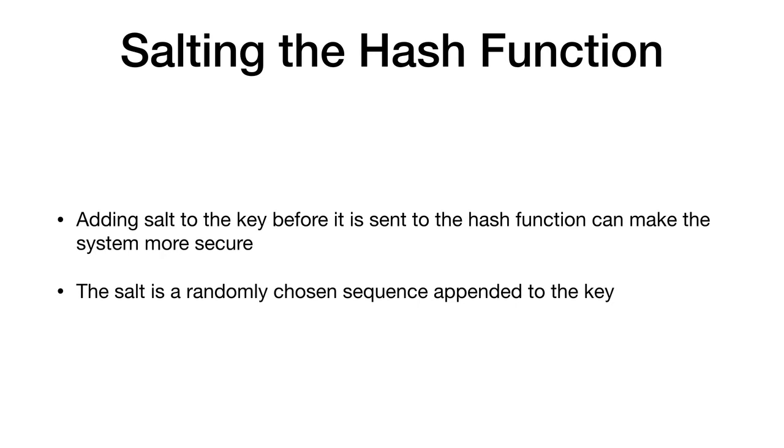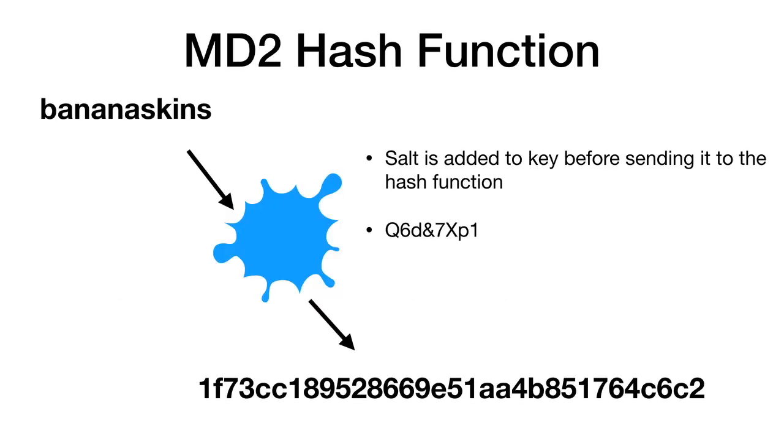And this is called salting the key. Salt is a little bit of information that has been randomly generated that we add to the key before we send it to the hash function. So if we look here, for example, at banana skins, when we feed this into MD2, this is what comes out.